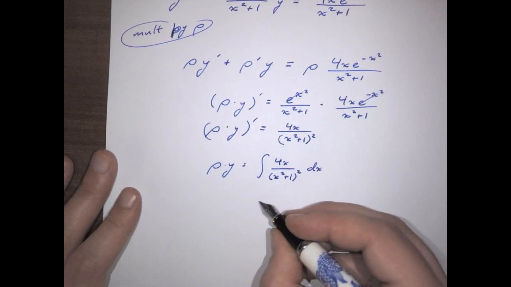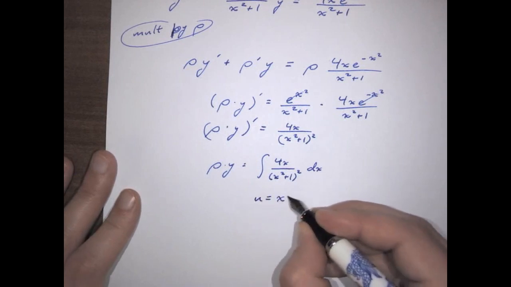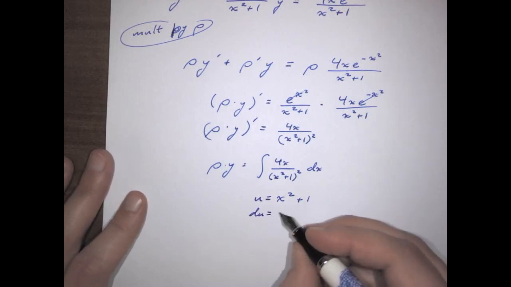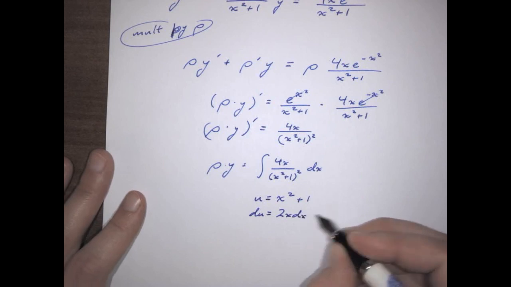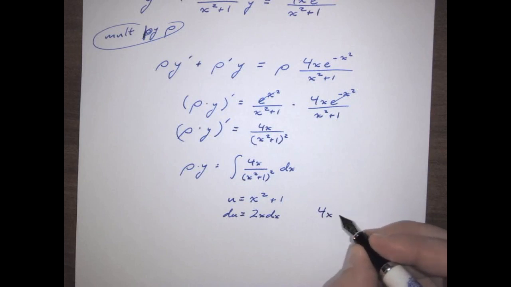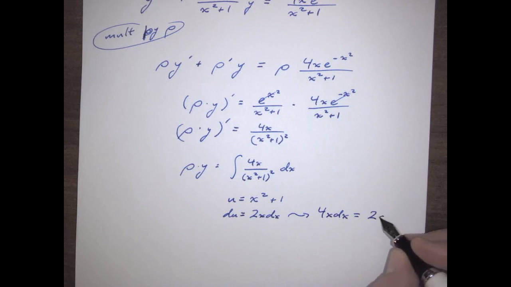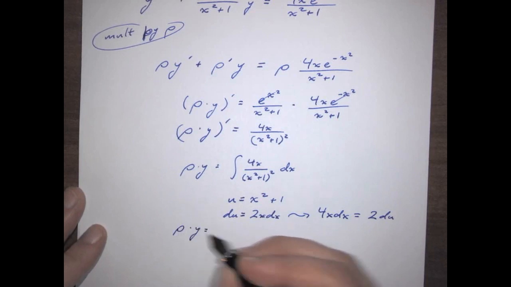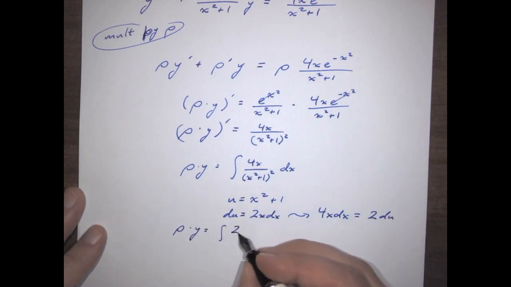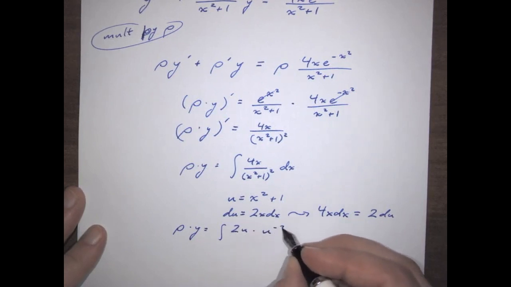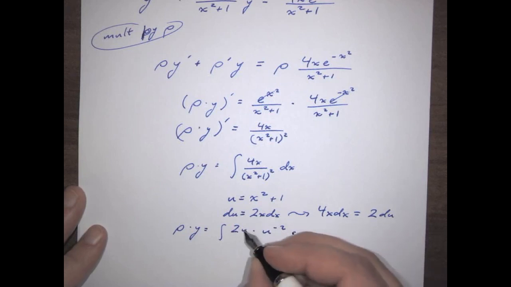And once again, we've got a u substitution, and once again, it's the same old u. u is equal to x squared plus 1. du is going to then equal 2x dx, which means that, for the record, 4x dx is going to be the same as 2 du. So then that means that rho times y is going to be the integral of 2u over u squared, so in other words, times u to the negative 2 du.